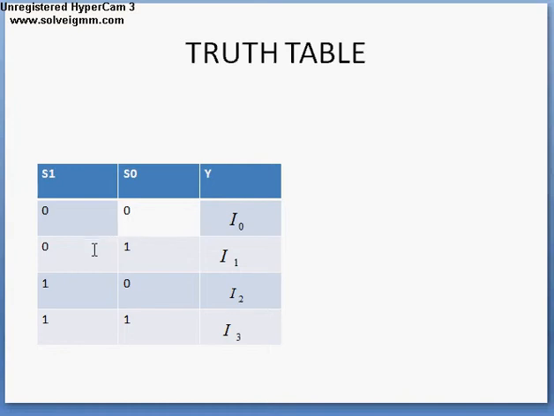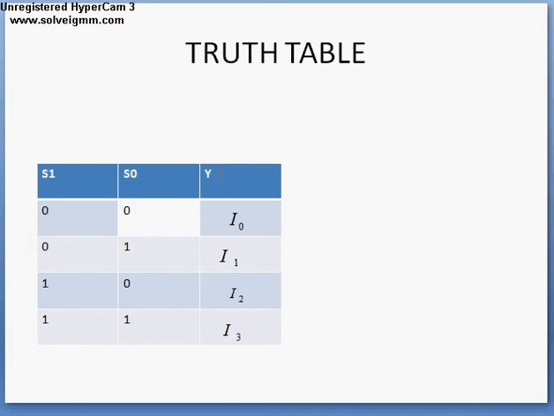When select variable S1 is equal to 0 and S0 is equal to 1, the input I1 will be routed to the output. Similarly, in the other two cases, I consider a particular combination for I2 and I3.